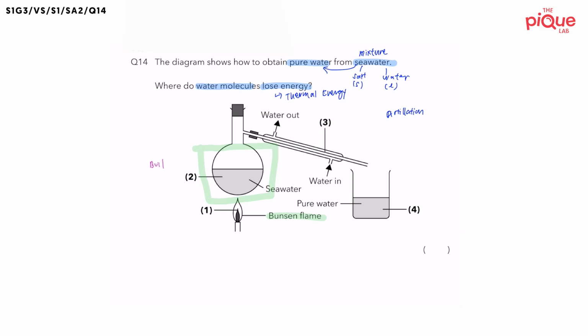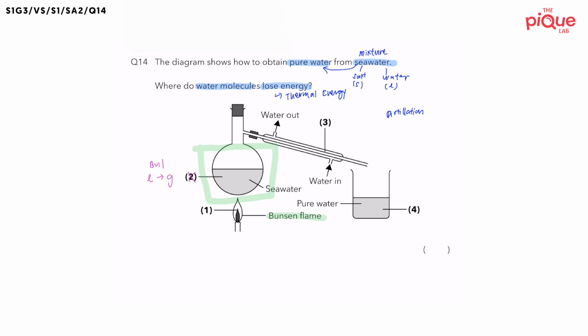Boiling is a change in state from liquid to gas. For boiling, are we looking at a heat gain or a heat loss? We are looking at a heat gain, which is a gain in thermal energy. But since the question is asking about losing energy, which refers to a loss in thermal energy, can point 2 be the answer? The answer is no.